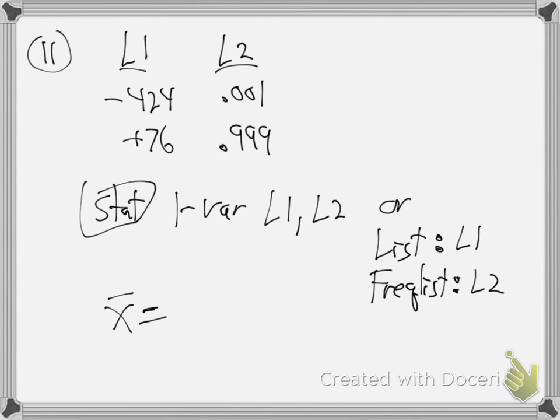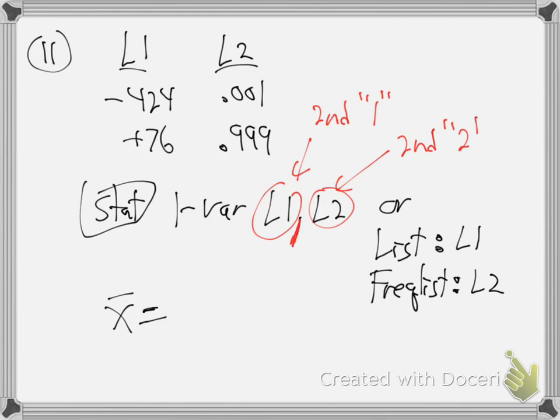We're looking for average value or expected value. To get the L1 to pop on your screen, you've got to hit second and 1, and to get the L2, you've got to hit second and 2, and make sure you put that comma between them. That comma is not optional. It's absolutely necessary. Little comma above the 7. Put that comma between them.